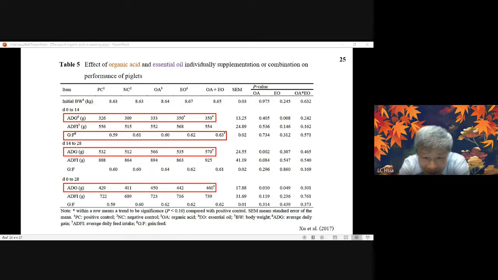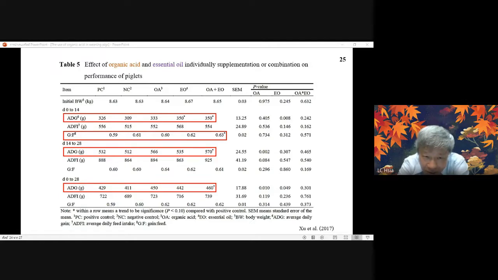You can see, no matter whether it is essential oil or organic acid, they all have good performance compared with the negative control, no matter whether significant or not. In this case it is very special.